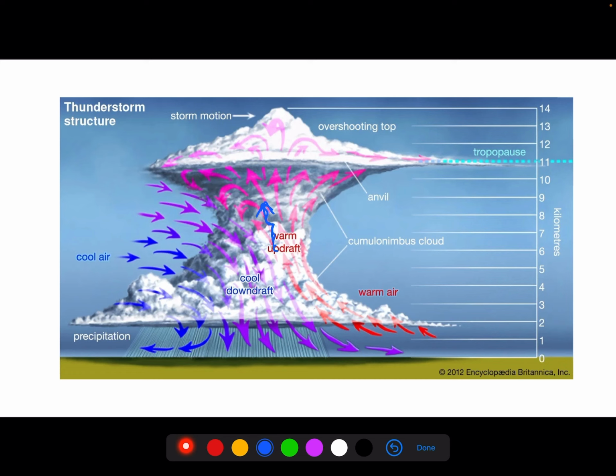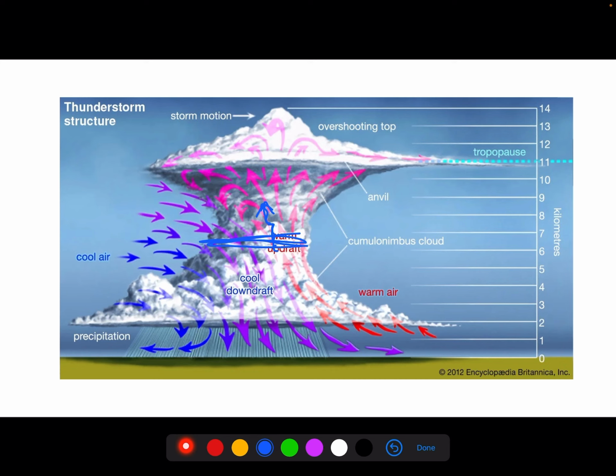Now, like I mentioned, we're not going to be able to do this justice, but I want you to be aware that in a thundercloud, you have a downdraft of cool air and an updraft of warm air. And it's pushing water through a transition phase. You have moisture in the cloud that's cold, that's rapidly becoming warmed up, and it undergoes a phase transition.